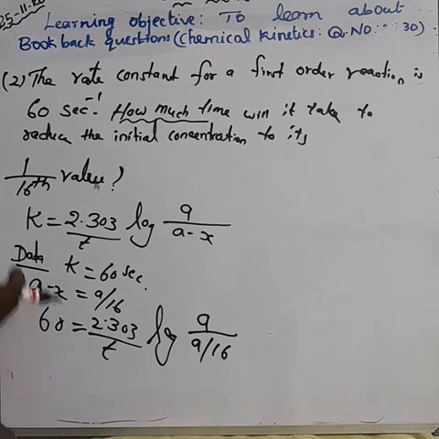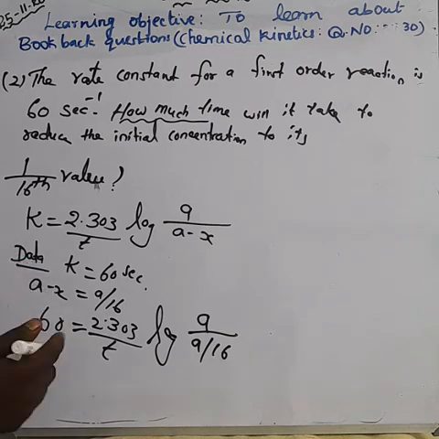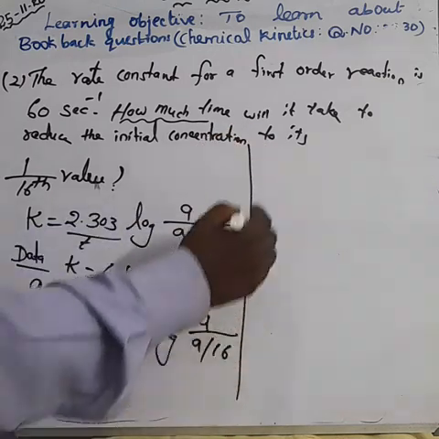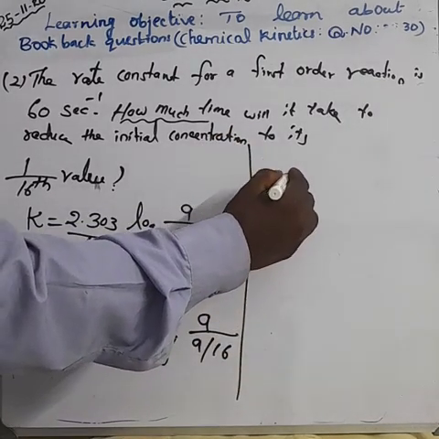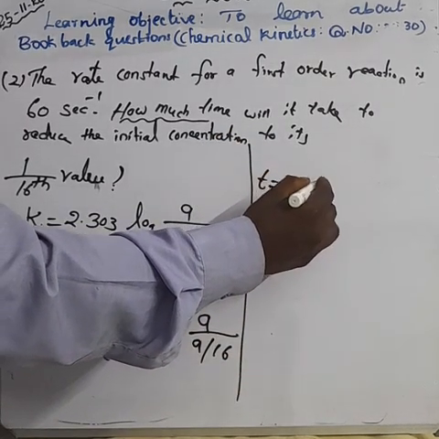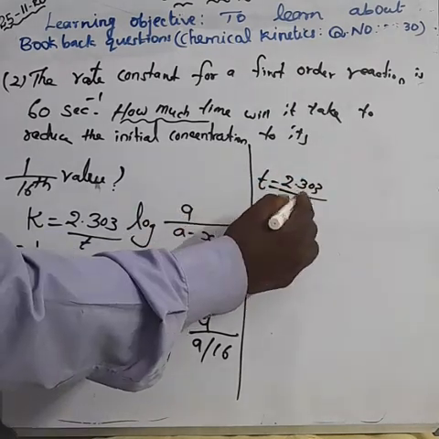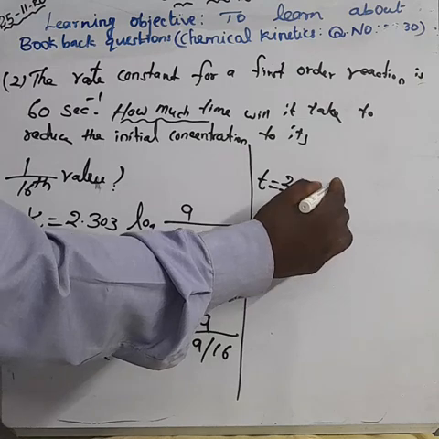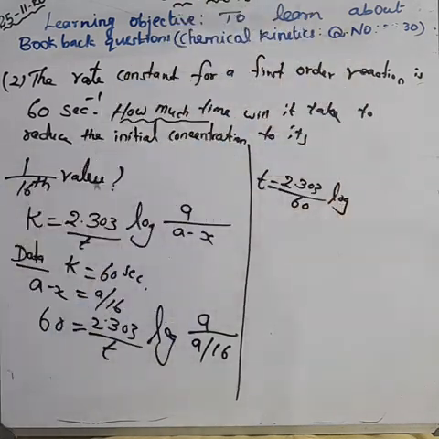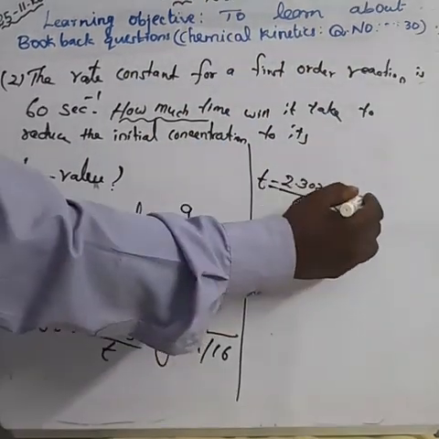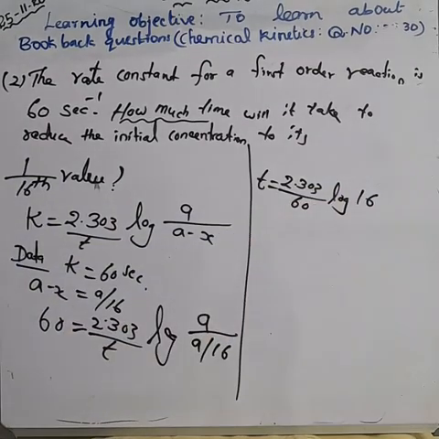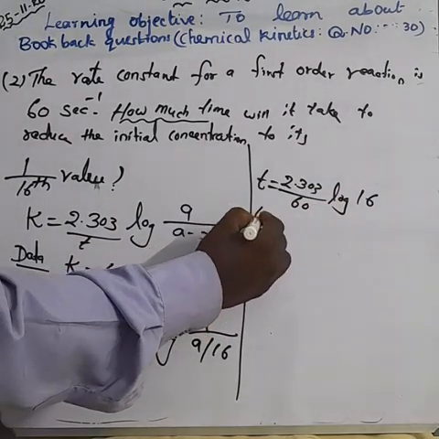So you have to find T. T is equal to 2.303 divided by 60, into log 16.